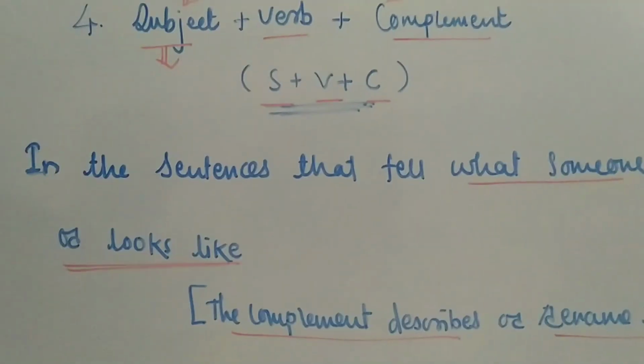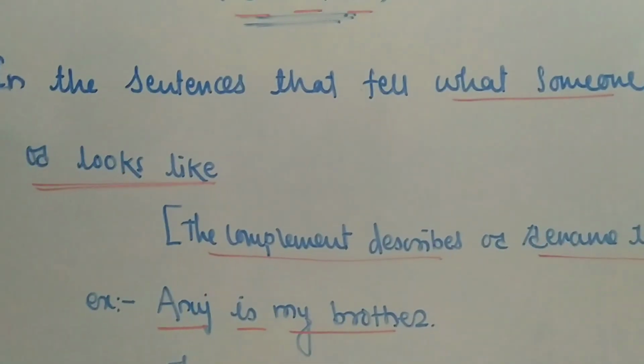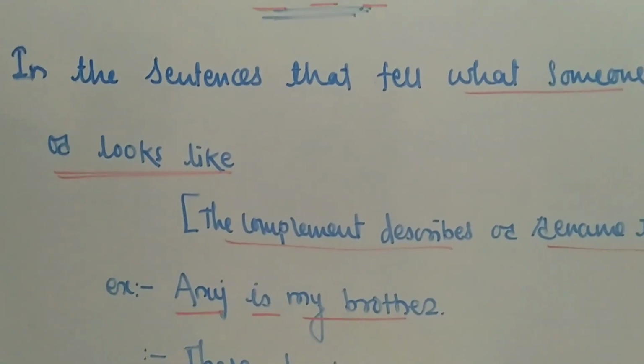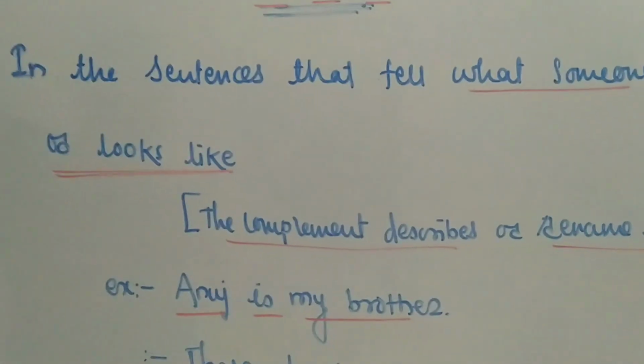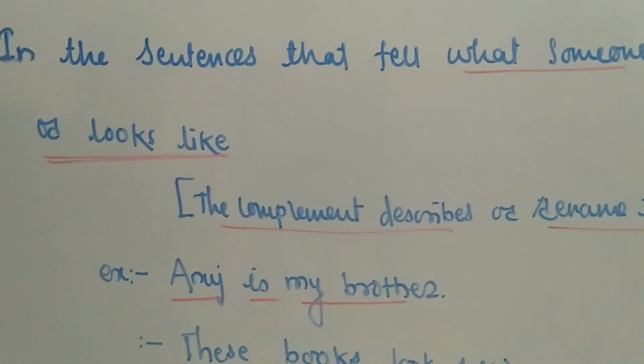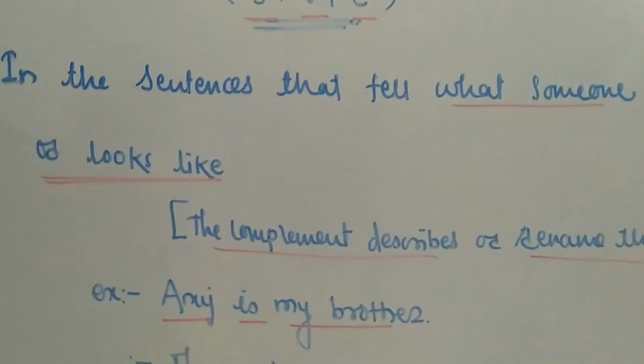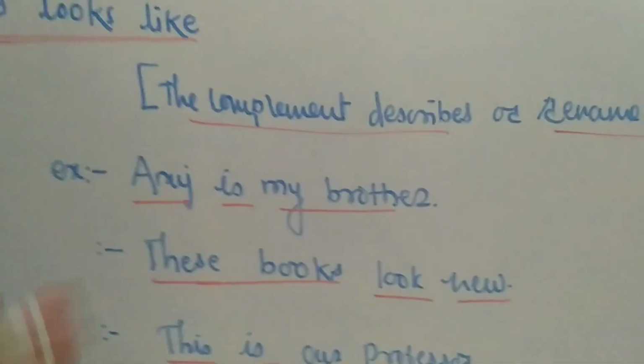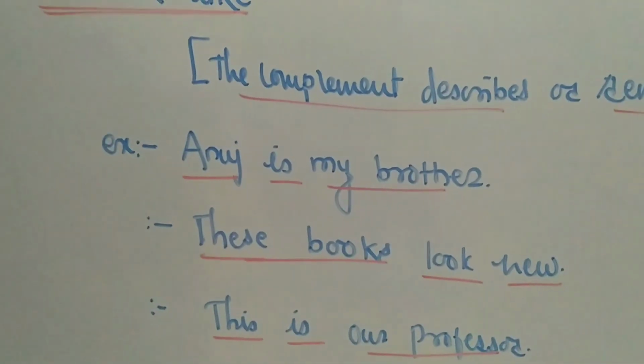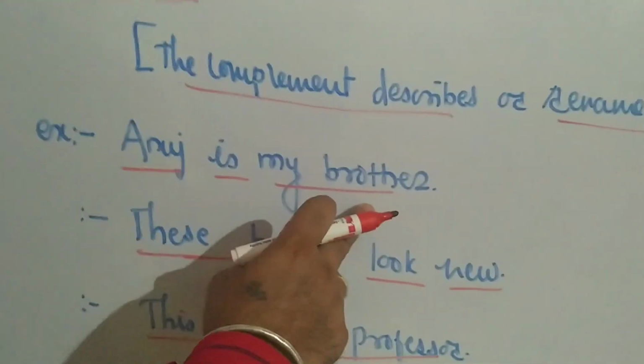So when the complement describes someone, we get the subject like this. Now see the examples. The first one is Anuj is my brother.